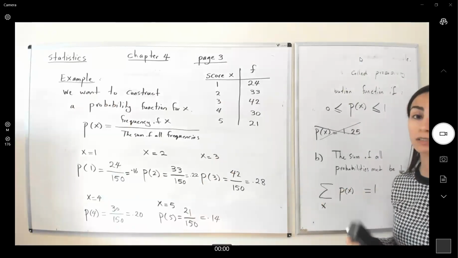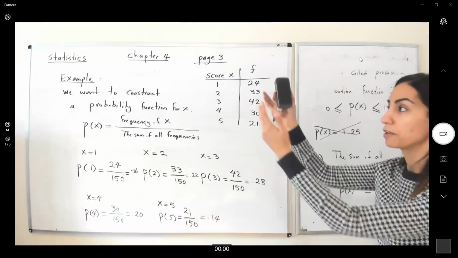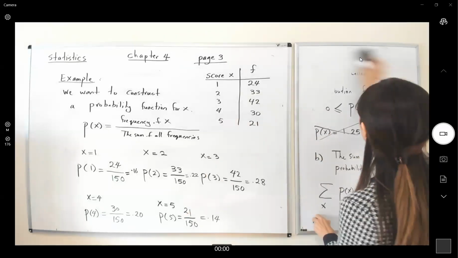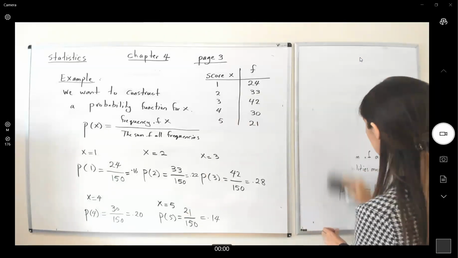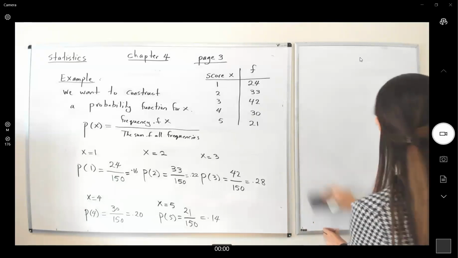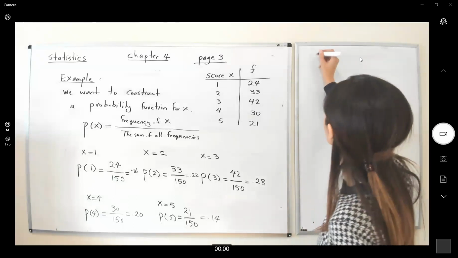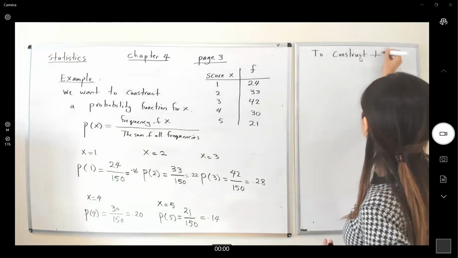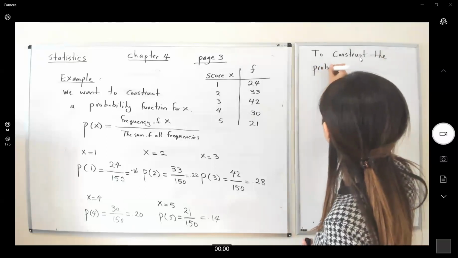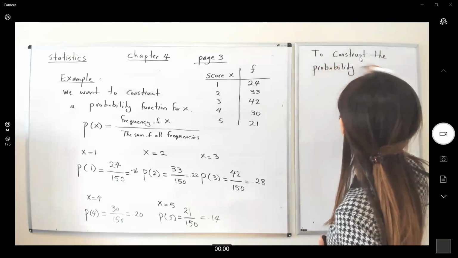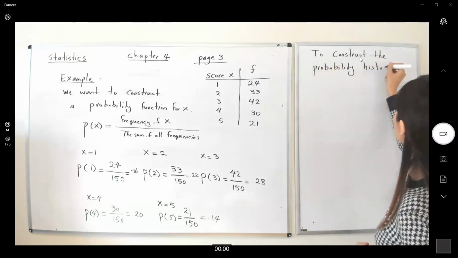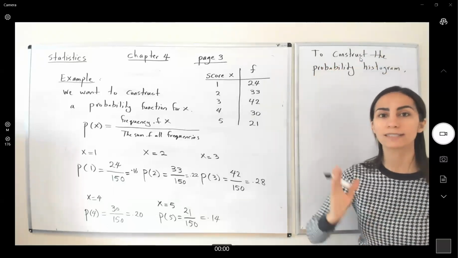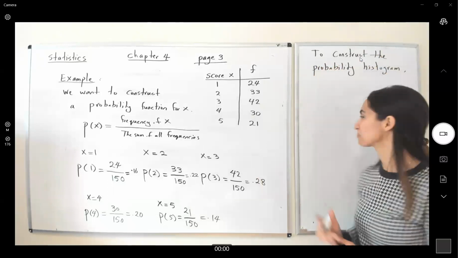Now let's graph this to see how we can visualize this variable using its probability function. To construct the probability histogram, on the horizontal axis, you have to list all of the values for your x.